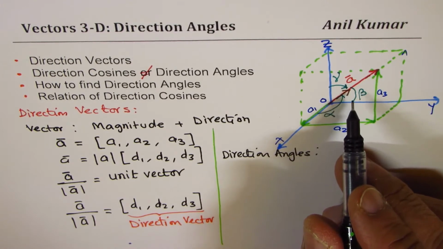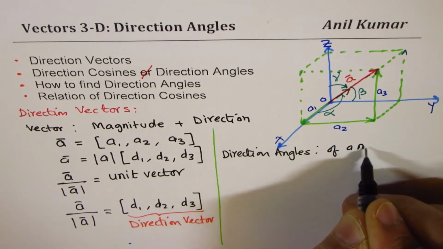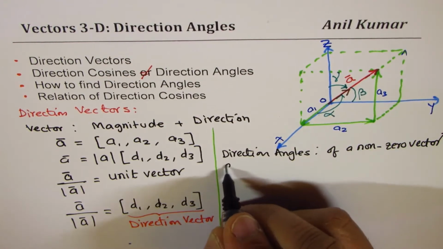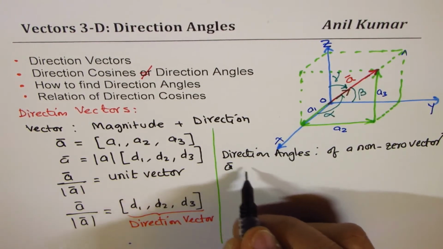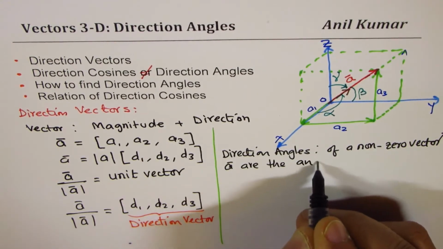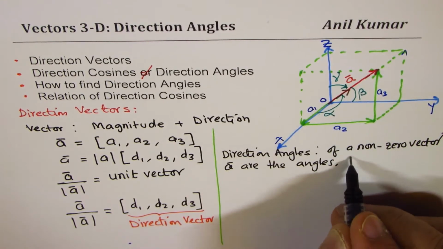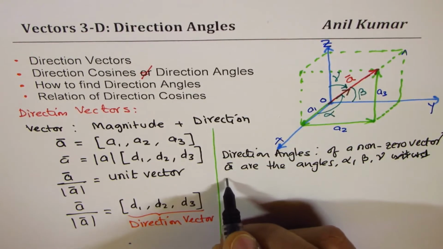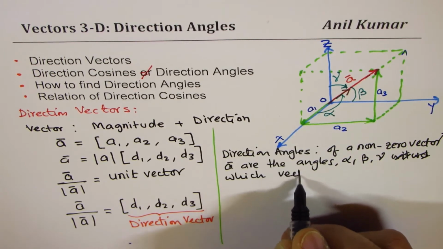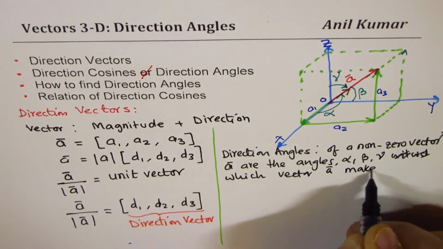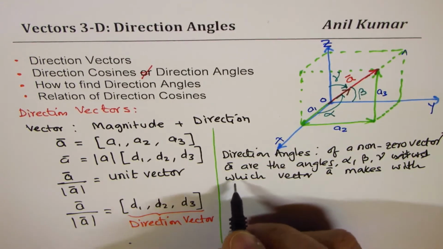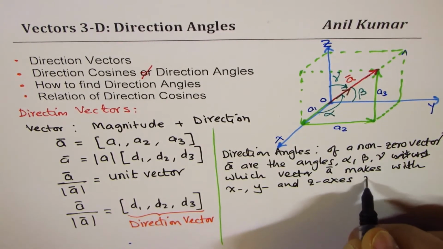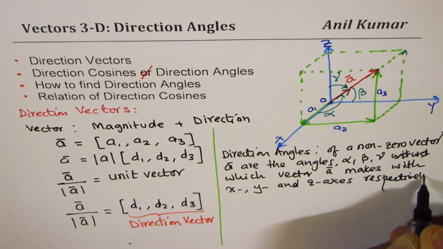So the direction angles of a non-zero vector, let's say A, are the angles alpha, beta, and gamma which vector A makes with the x, y, and z axis respectively, right?